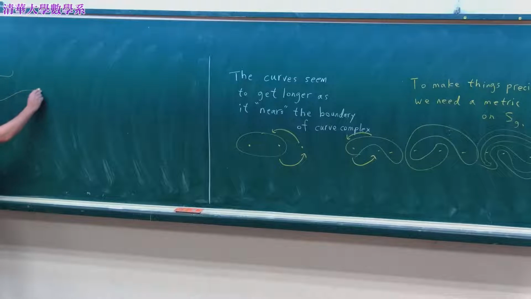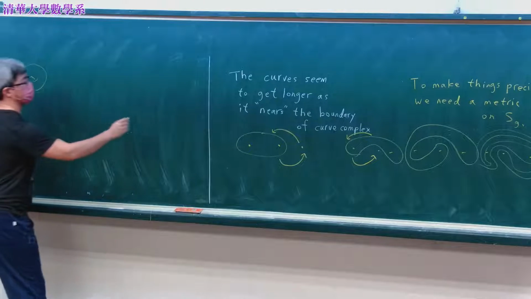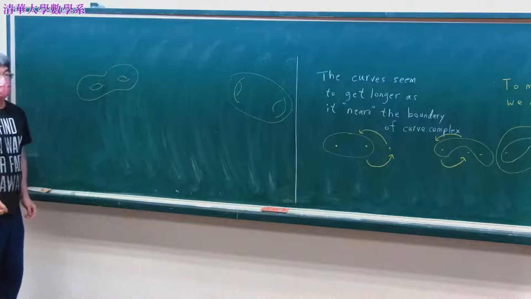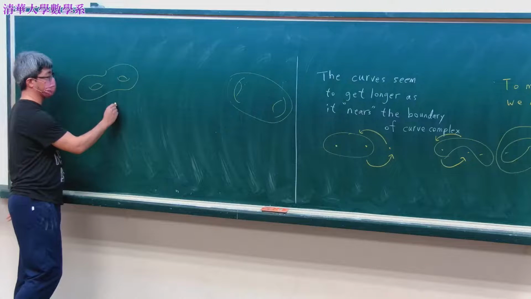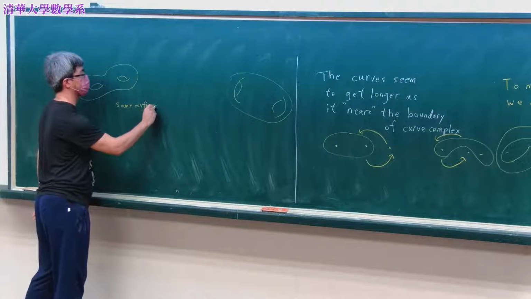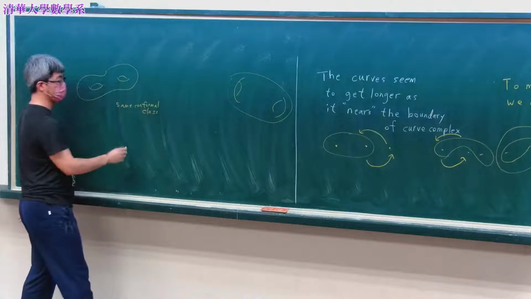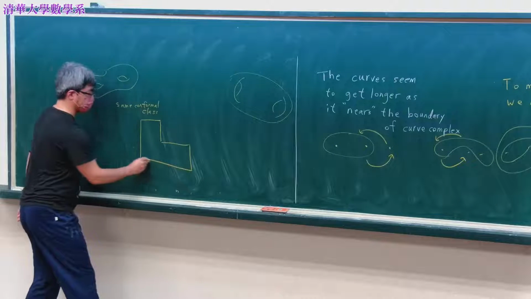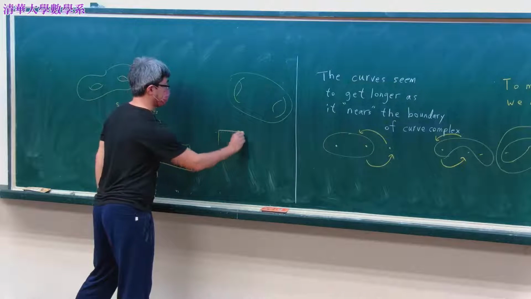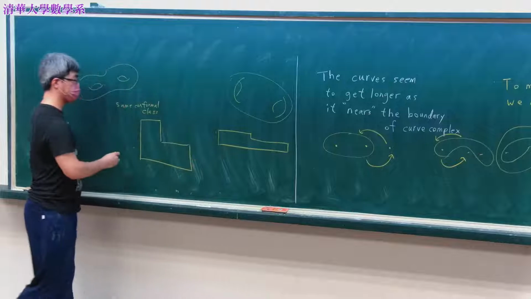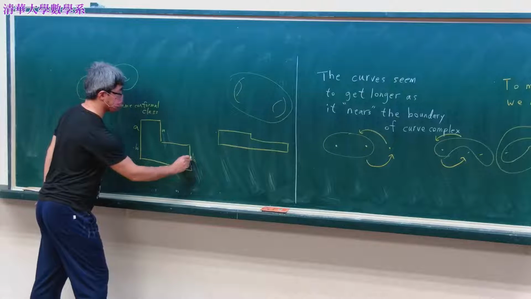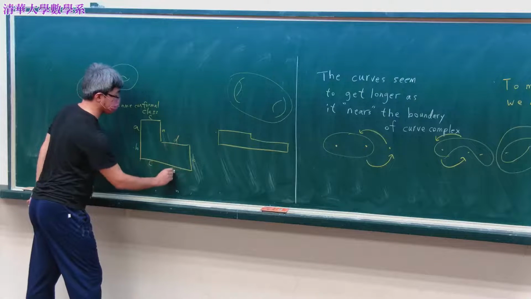If I have some type of surface drawn out, and I have some other one that I call different, in its same conformal class, we have some flat metric. And maybe for this one, there is also some flat metric over there. So let's quickly say what is a flat metric on a surface.